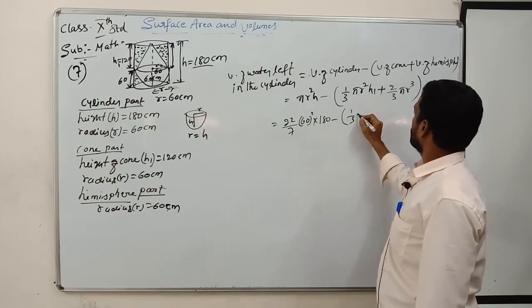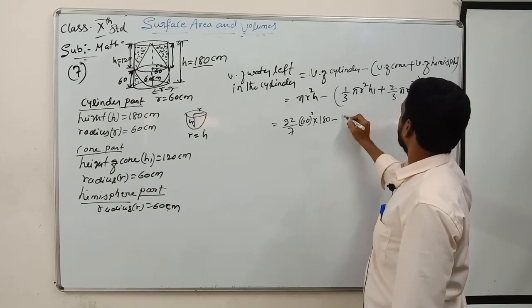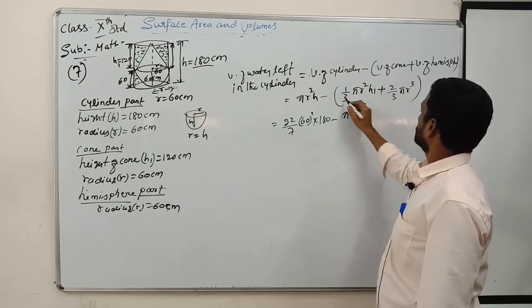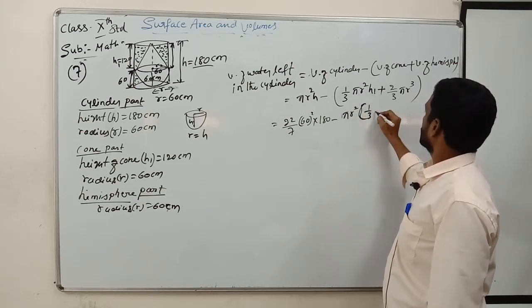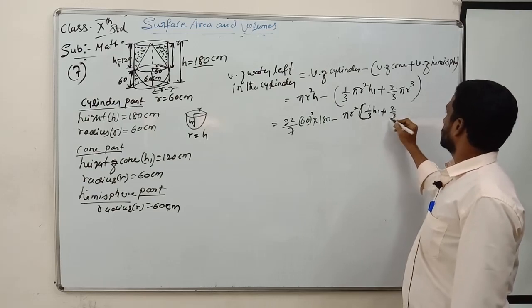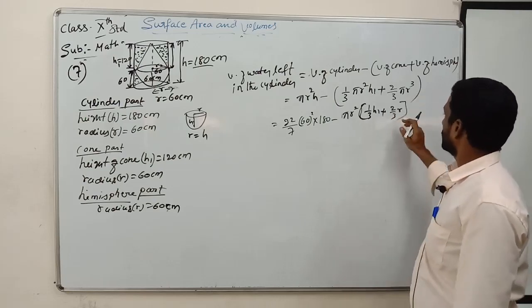You can take pi r square common here. Again 1 by 3 h1 remains, plus 2 by 3 of r remains.